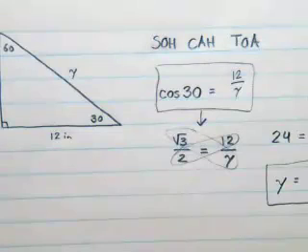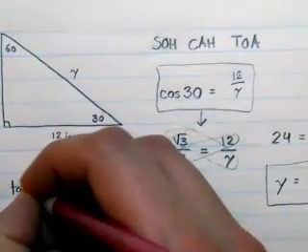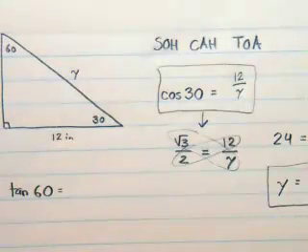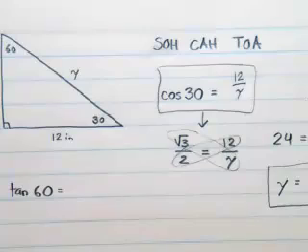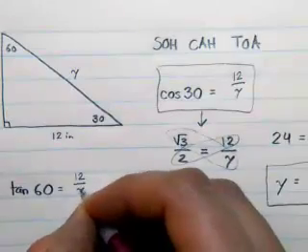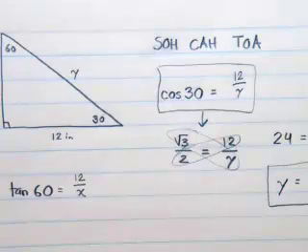It doesn't matter. It works either way. But okay, so let's say we're doing tangent of 60. Now, in this triangle, tangent of 60 should be what? 12 over x. Opposite over adjacent, right? Is the tangent.